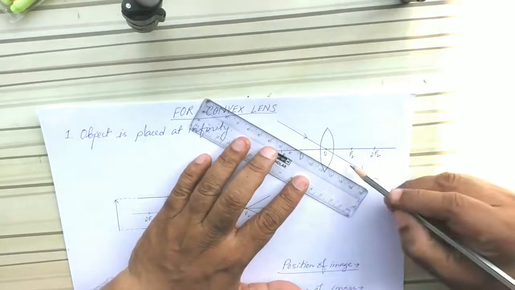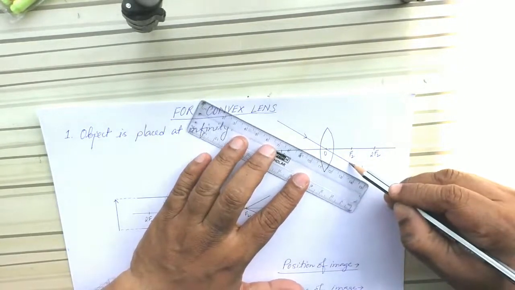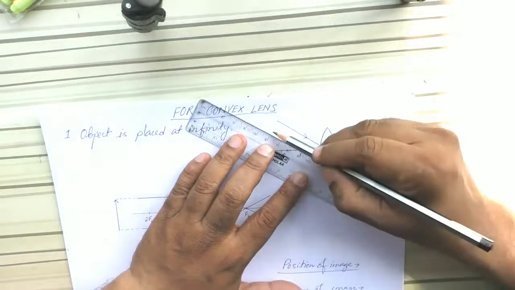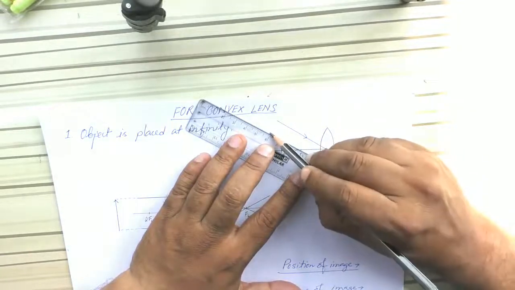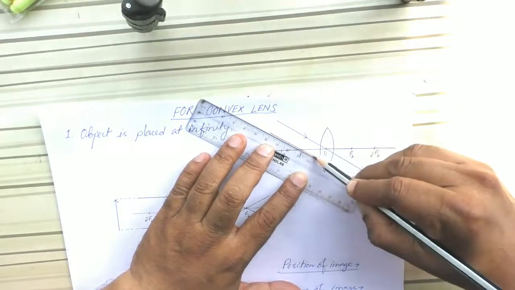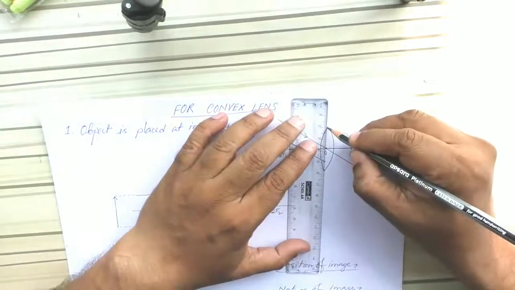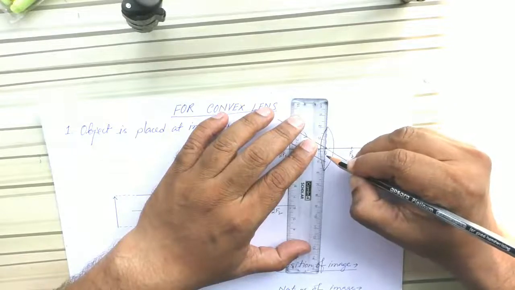And the second one we can consider like this: the 2 incident rays should be parallel to each other, and we change the direction from the middle of the lens.